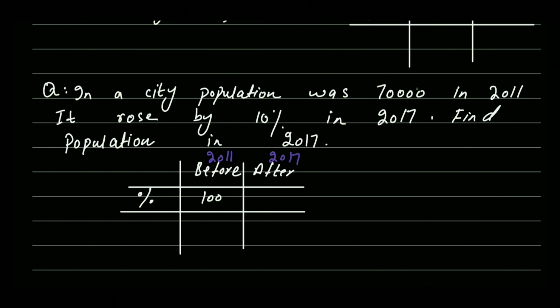Two things you have to decide here. First, where to write this figure. In a city the population was 70,000 in 2011, so in 2011 we write 70,000, and here we have to find the population, so you write population. Second, whether to increase 10% or decrease 10%.